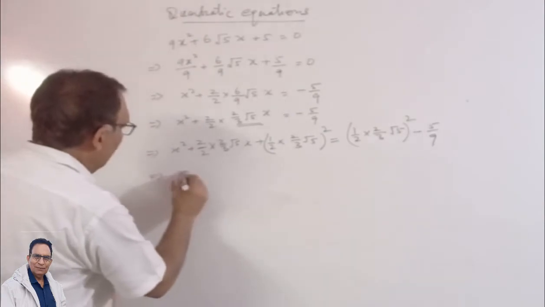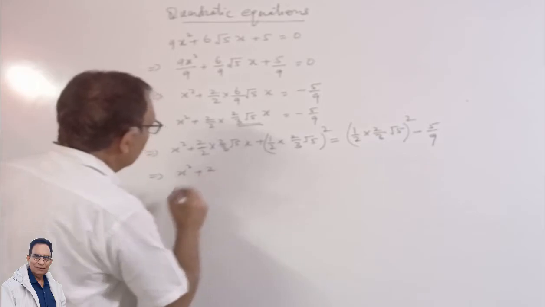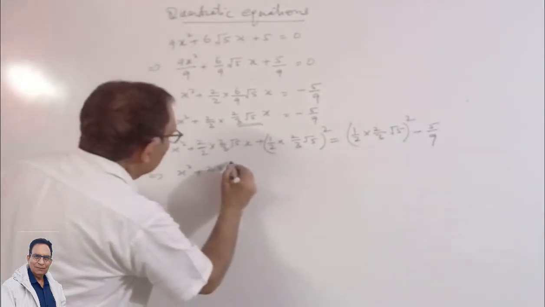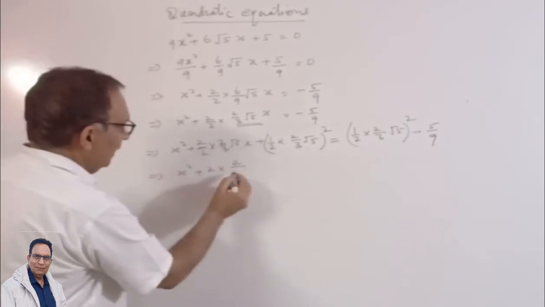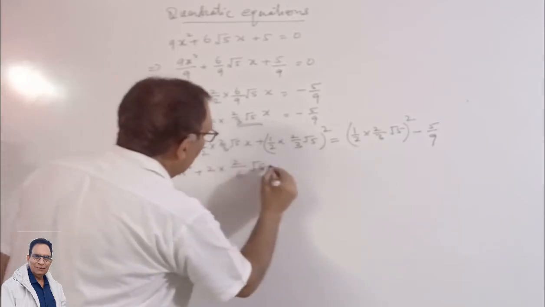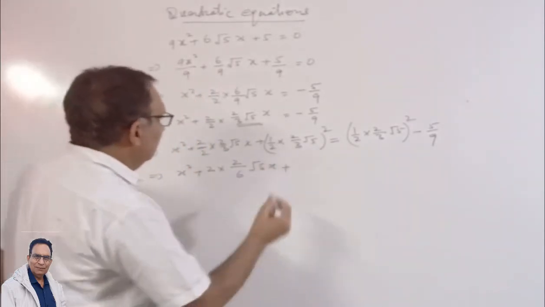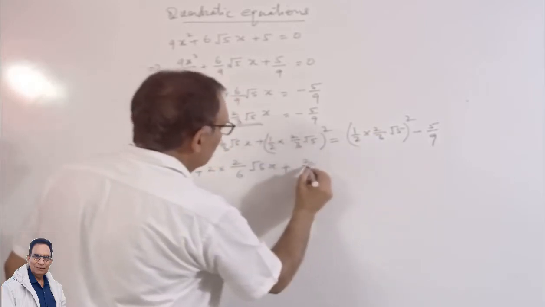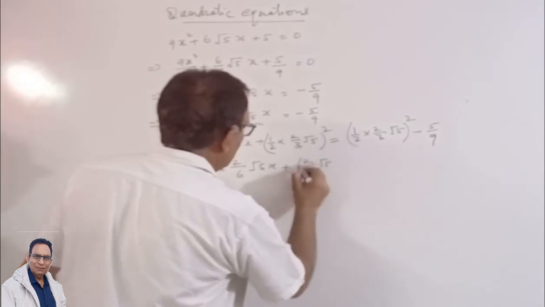write it this way, x square plus 2. I need 2 as such, and here I write into 2 over 2 times 3, 6 radical 5 x plus, again it is 2, 1 into 2, 2, and 2 times 3, that is 6 radical 5 square.